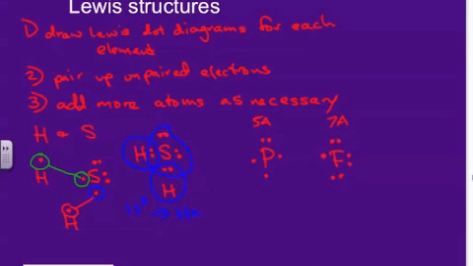So we see that phosphorus has 1 unpaired electron here, fluorine only has 1 there. So obviously there are still 2 unpaired electrons left on phosphorus, so we need another fluorine to share another valence electron. And we need a third fluorine to share a valence electron.